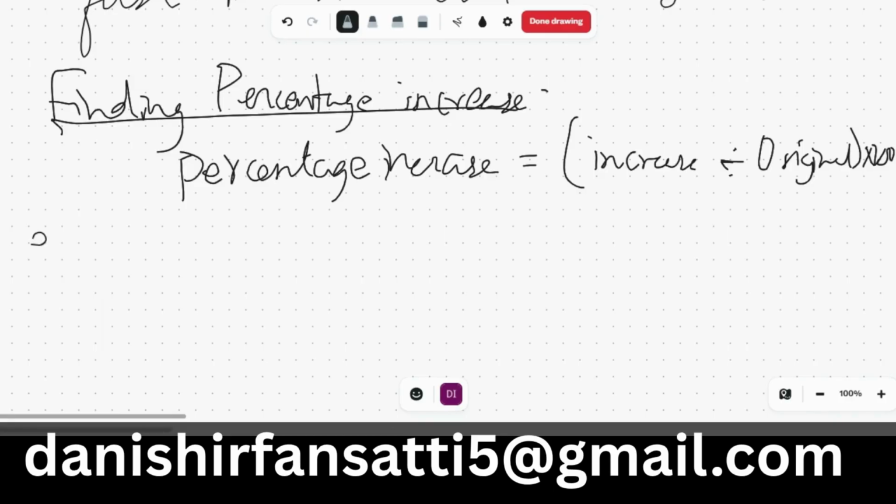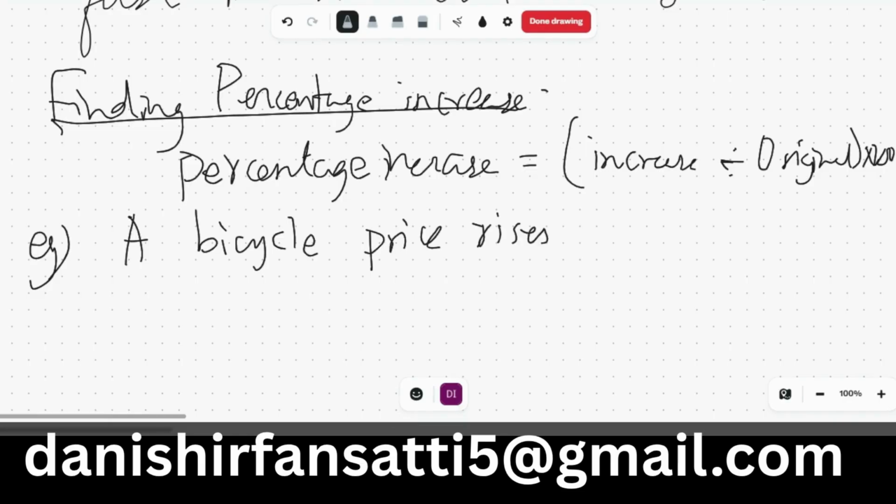So now we will do a question. For example, a bicycle price rises from 500 to 650. Find the percentage increase. First we will find the increase.